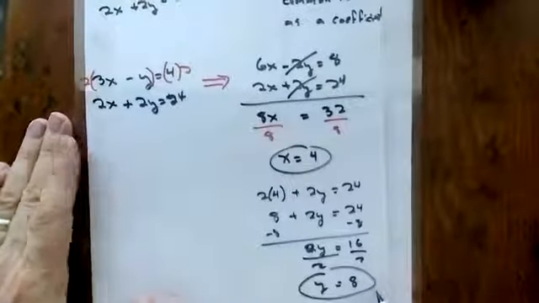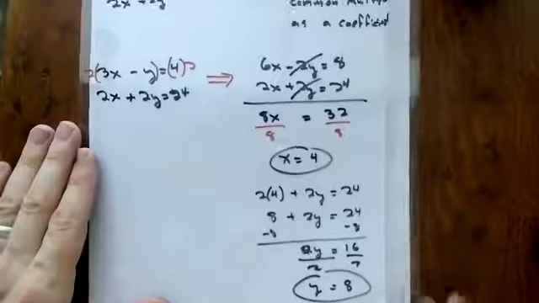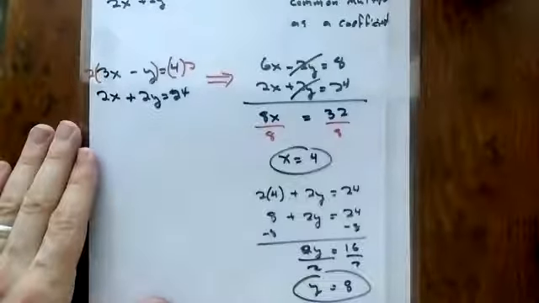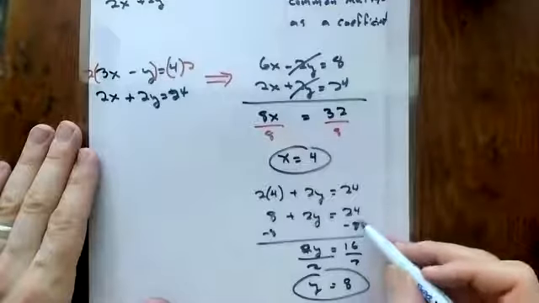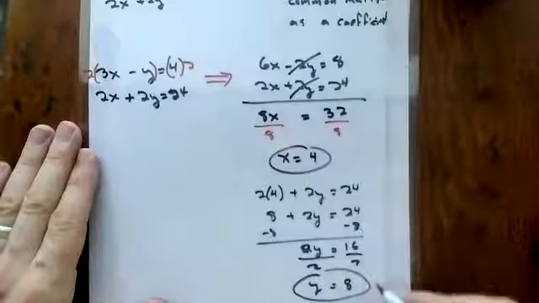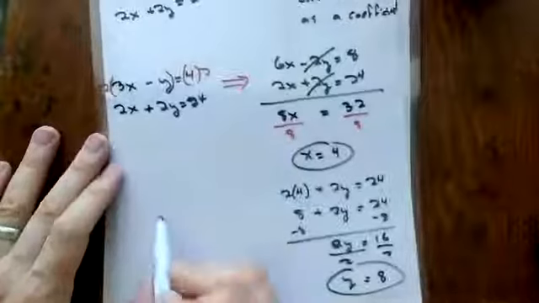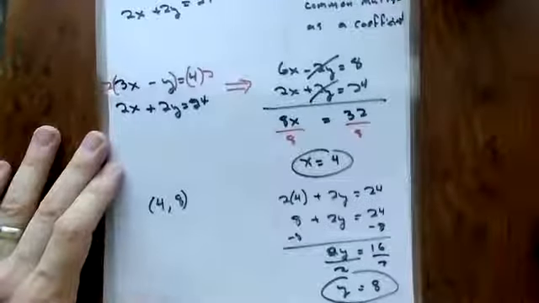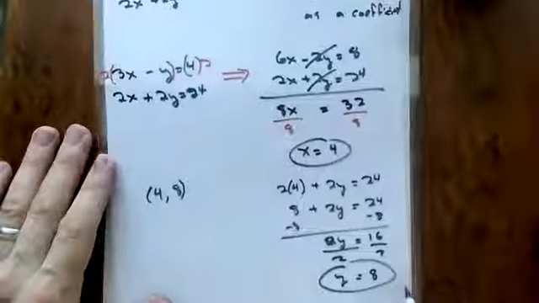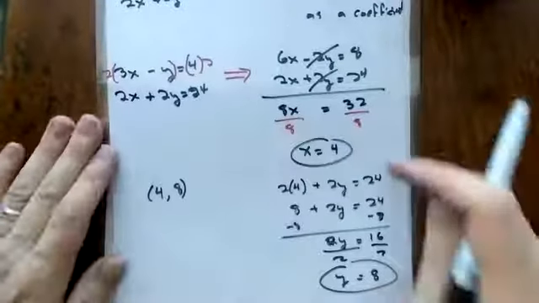So my solution is, is that right? Why do I feel like I did something weird here? Anyway, our solution here is going to be 4, 8. And of course, since I'm questioning myself, I should double check that this works.